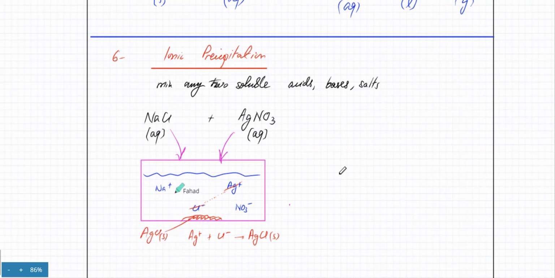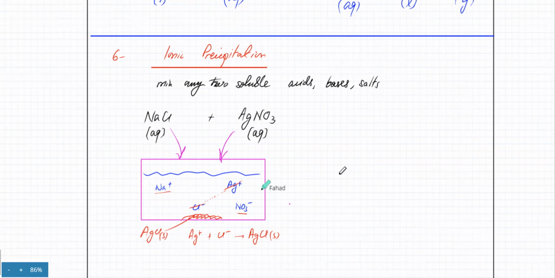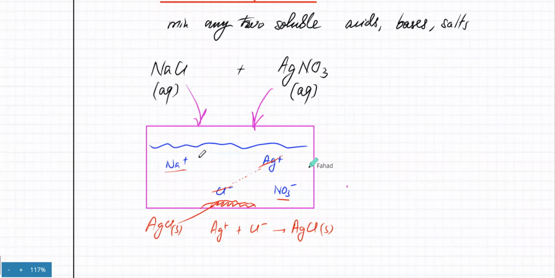बाकी दोनों का इतना मसला नहीं है. Na+1 और NO3 अगर मिल भी जाए ना, the lattice is going to be very weak and they're going to be very soluble. तो वो वापस dissociate होकर पानी के अंदर mix हो जाएंगे. They're not going to form a precipitate. लेकिन AgCl, if they combine, then they probably attract each other so strongly that they form this crystal back again.